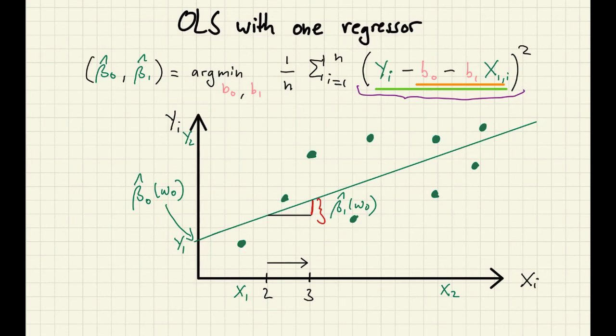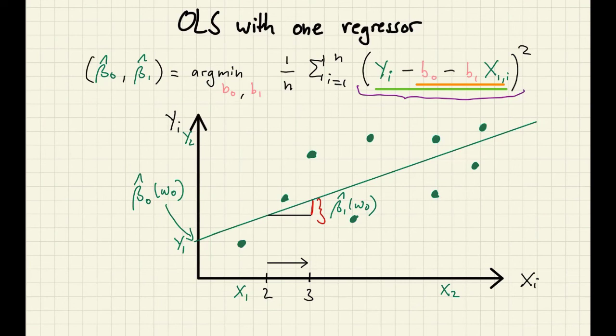In practice, when you run an OLS regression, that is when you apply the OLS estimator to actual data, you don't have to solve this minimization problem manually. Instead, you will have a statistical software package such as Stata or R compute the OLS estimates for you.